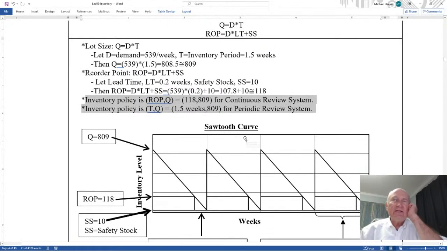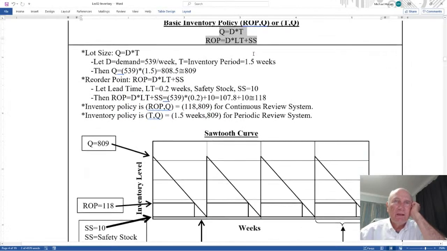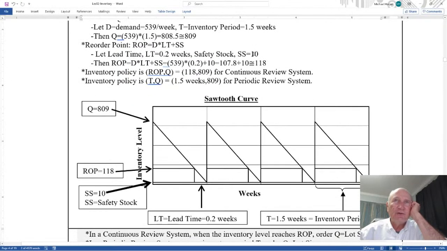Okay, so let's view the concept of these two equations with something called the sawtooth curve. So here's 809. This slope here is my inventory level, and so it's coming down like this because as demand takes away, my inventory drops at a constant rate.